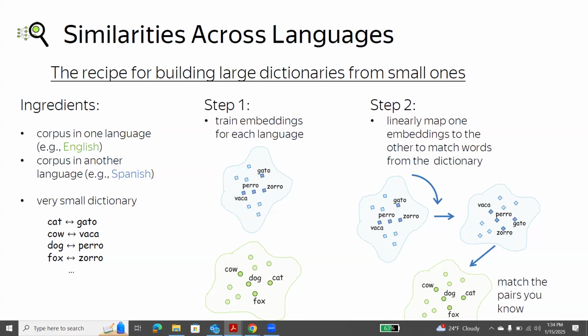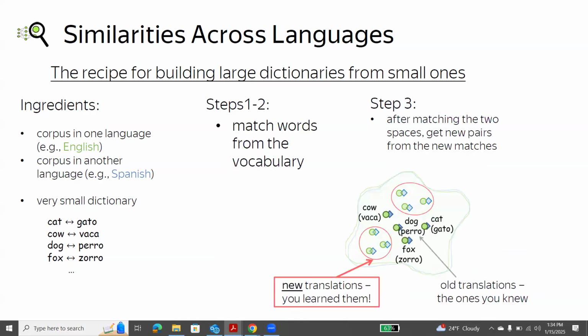Then all the other words also will be matched. It's a very unexpected idea.